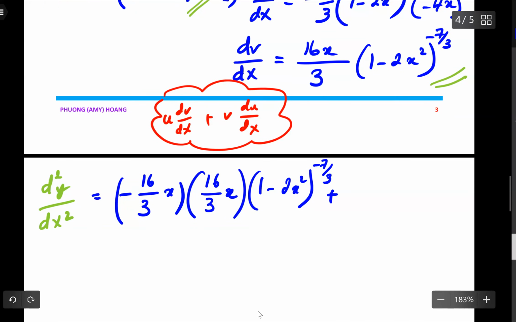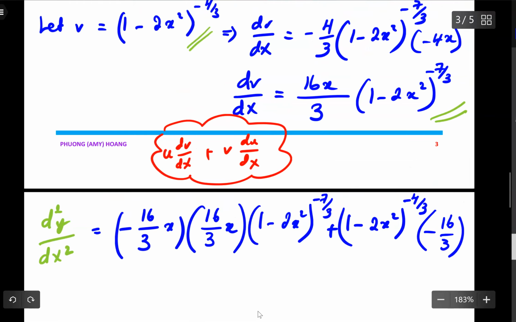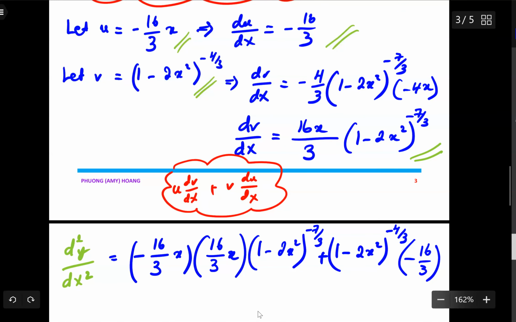And my next step would be v, so it will be 1 minus 2x squared, this raised to the exponent negative 4/3, and then I multiply by du over dx, in this case negative 16/3. Okay, so we have found our u, du over dx, and then v and dv over dx.